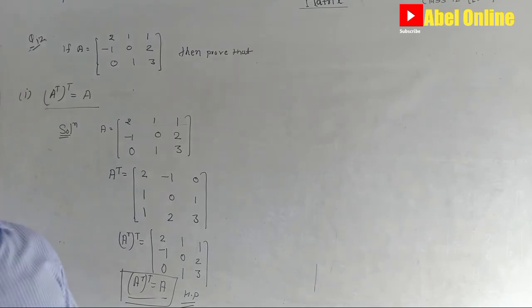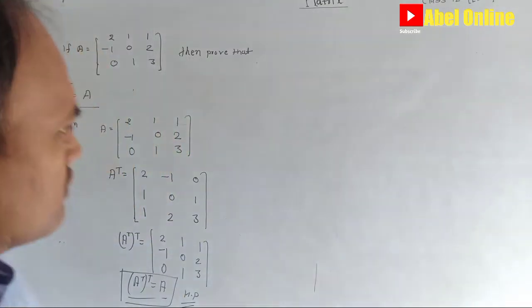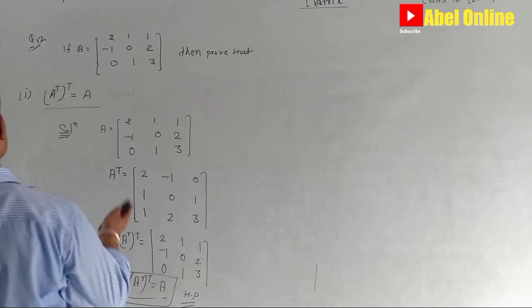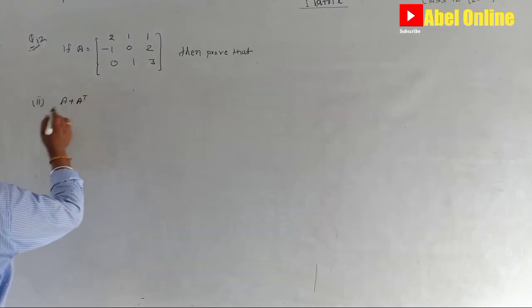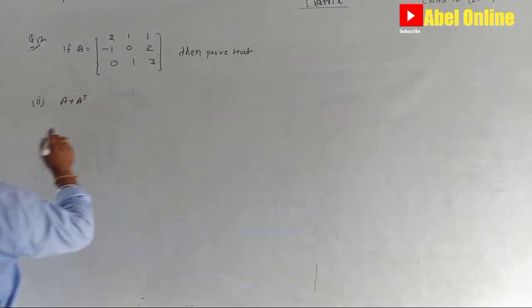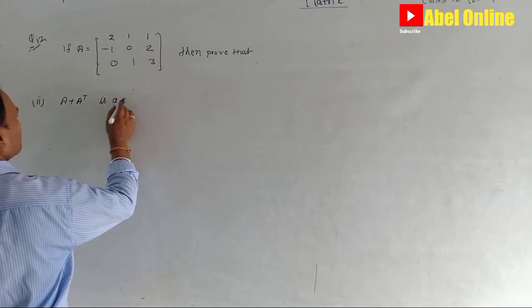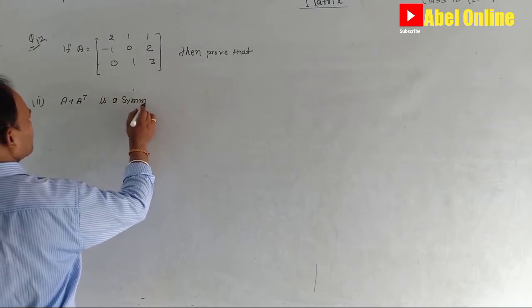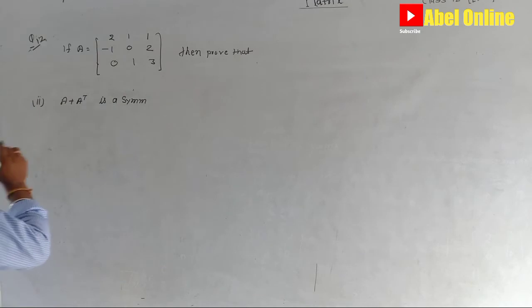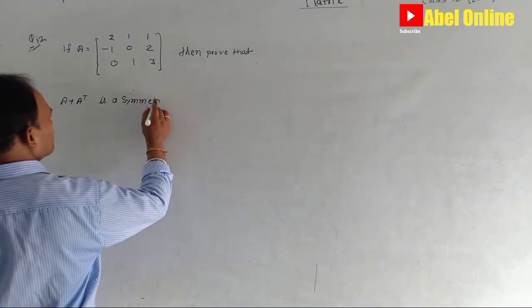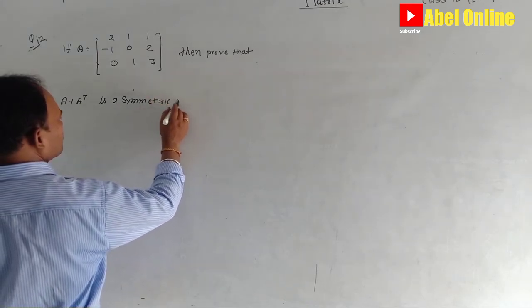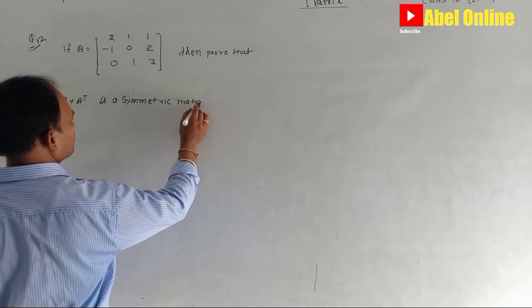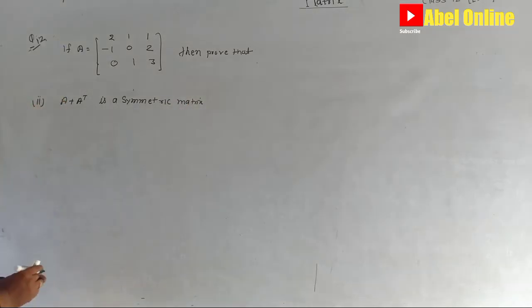Now we are on question number two. The question is: A plus A transpose is a symmetric matrix.